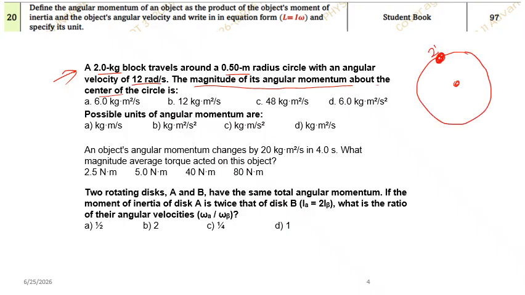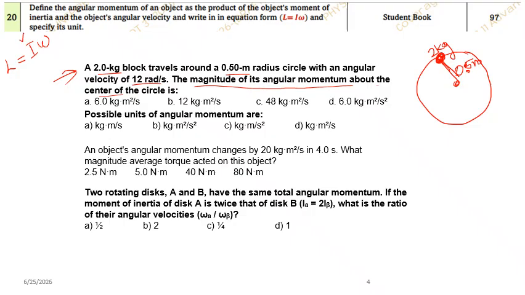This object is 2 kg and it is moving around a circle of radius 0.5 meter. As it is in rotational motion, of course we will have angular momentum. We will calculate L equal to I omega, but we need two things: I and omega.